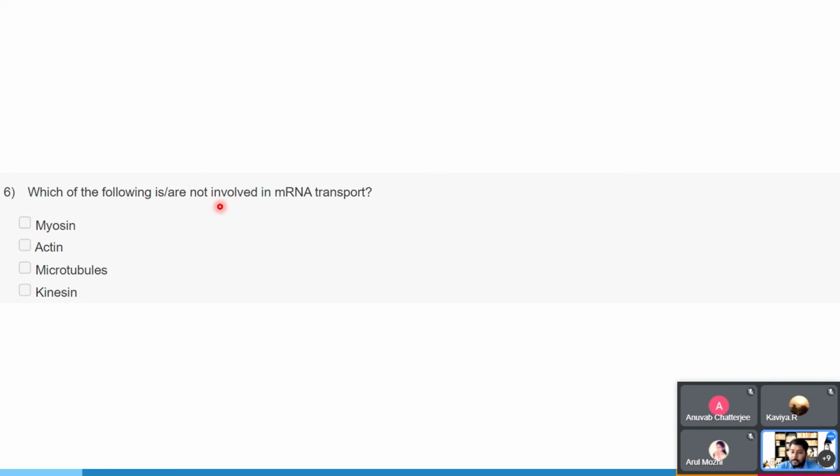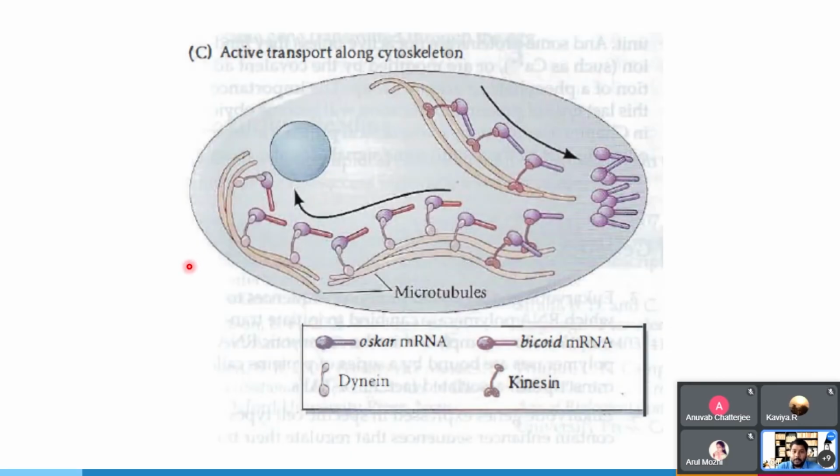Okay. So here is the example of cytoskeleton transport. Dynein and kinesin and microtubules help in the movement of mRNAs to various parts. This is also another symmetry breaking step that I was talking about.